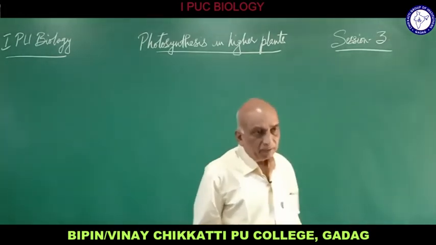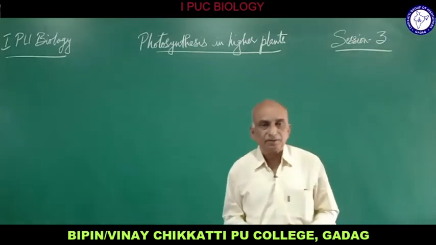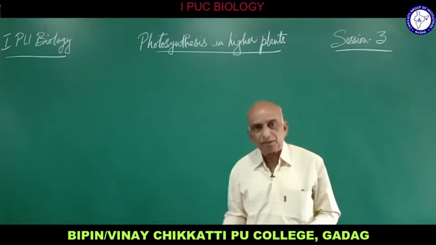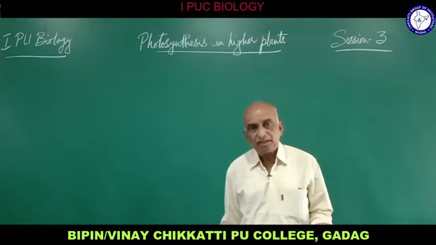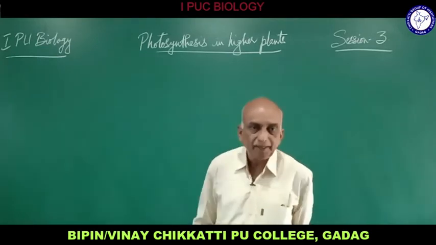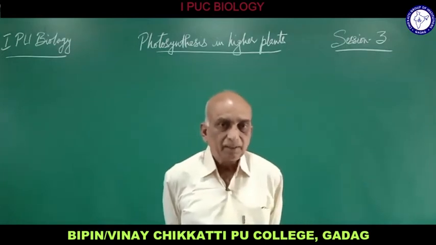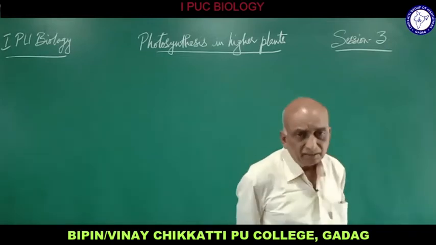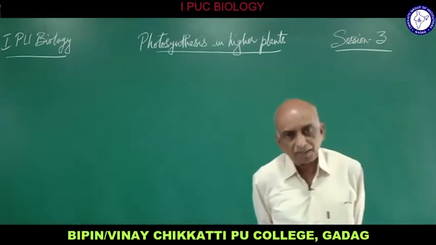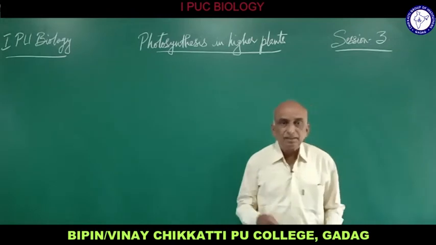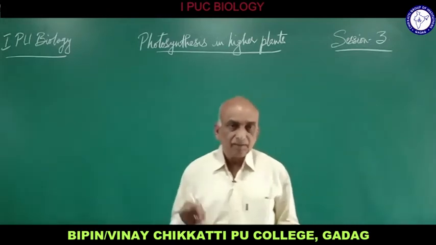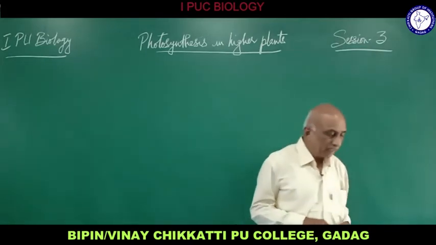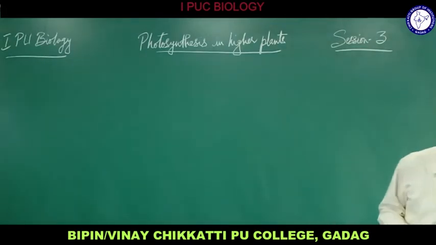During the movement of the excited electron in the series of cytochromes, energy is released, and that is used in the formation of ATP. Now the energy-lost electron, where the electron is normal, occupies the same position in the reaction center, where it was occupying a particular orbit.